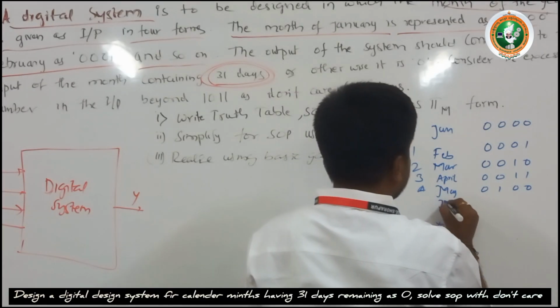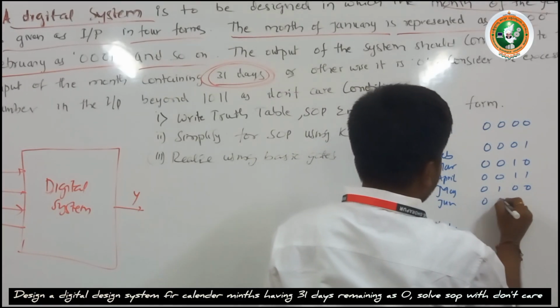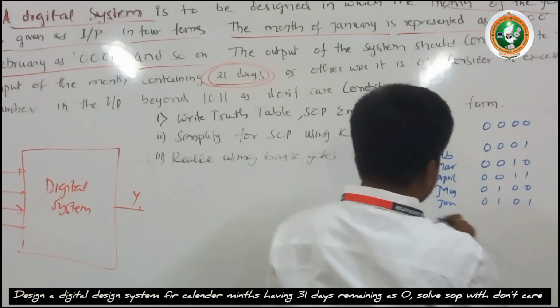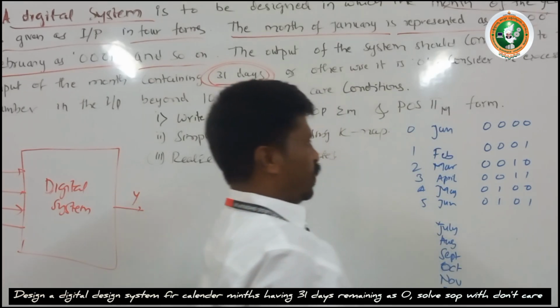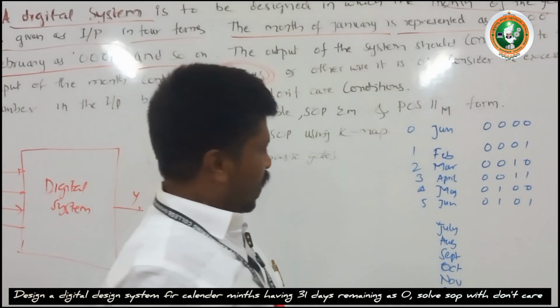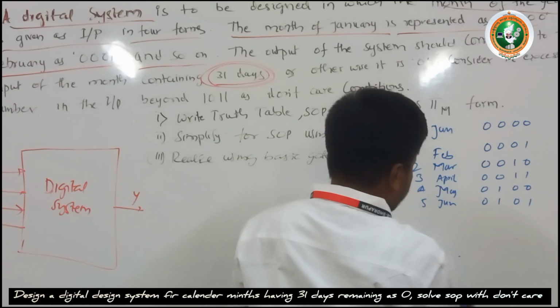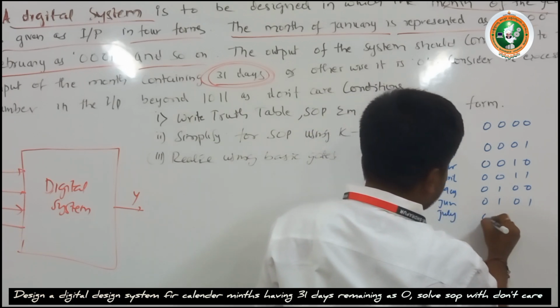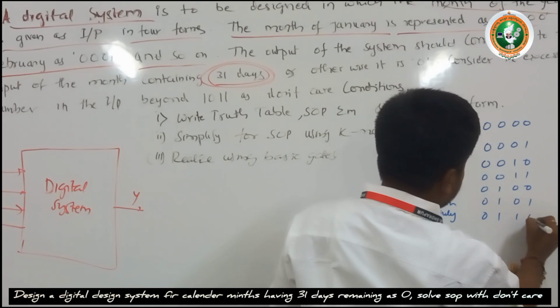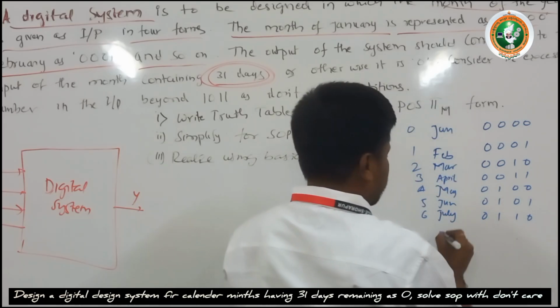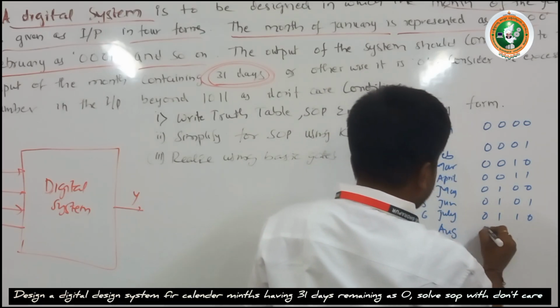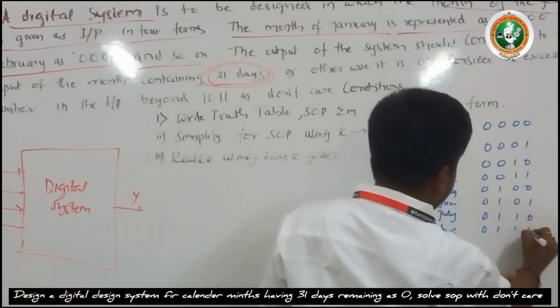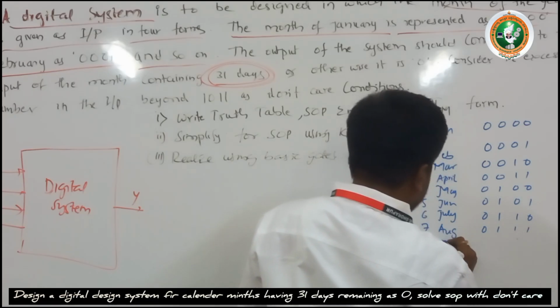June is 0101, equivalent value 5. Like this I write here. Similarly, July is 0110, equivalent 6. August is 0111, equivalent 7.